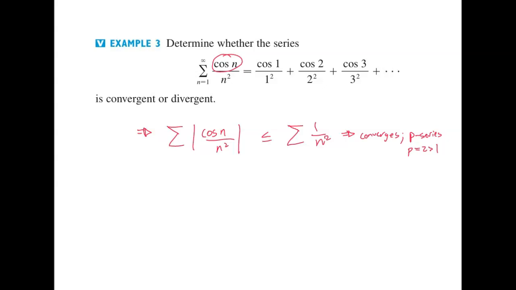All right, well, if cosine's always positive but less than that, therefore, sigma absolute value cosine n over n squared has to converge by comparison.